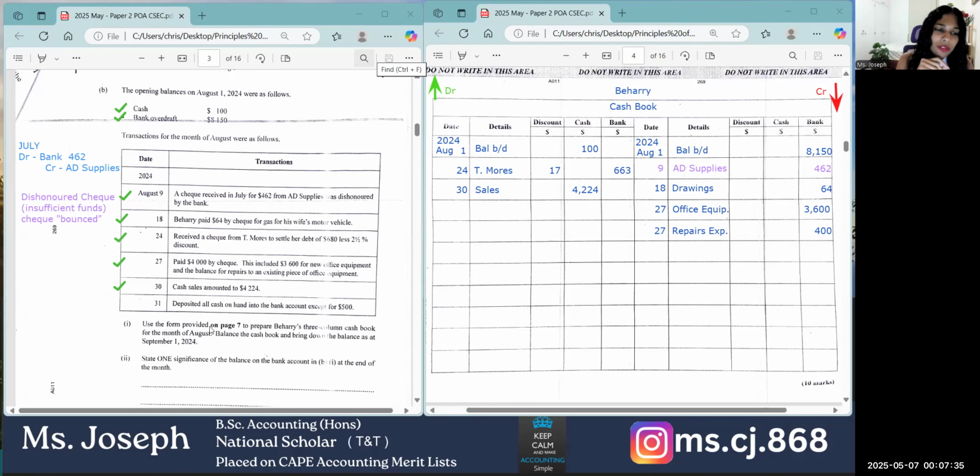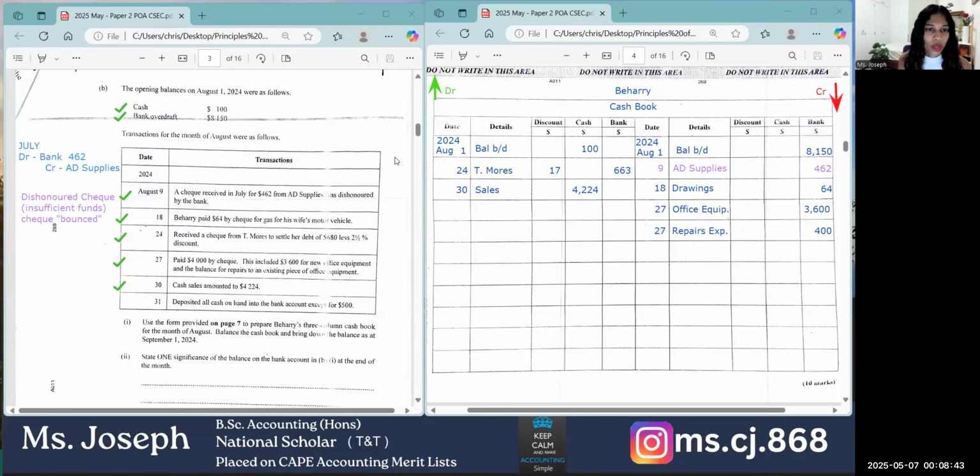On the 31st of August, deposited all cash on hand into the bank except for $500. So in order to work this out, we have to figure out how much cash do we have, and then we're gonna minus 500 from it to figure out how much we keep in as cash, and the remainder is going to go over to the bank.